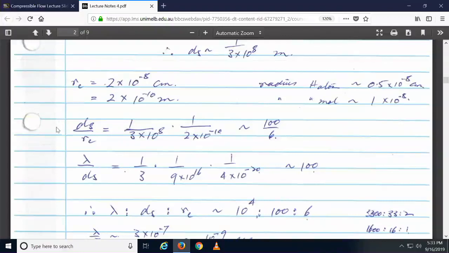So the ratio of lambda, the mean free path, to the spacing between the molecules, to the radius of the collision cross-section, is about 10 to the 4th to 100 to 6. Or, if you divide them all by 3, this is 33, and this is 2, and so the ratio is about 1,600 to 16 to 1.